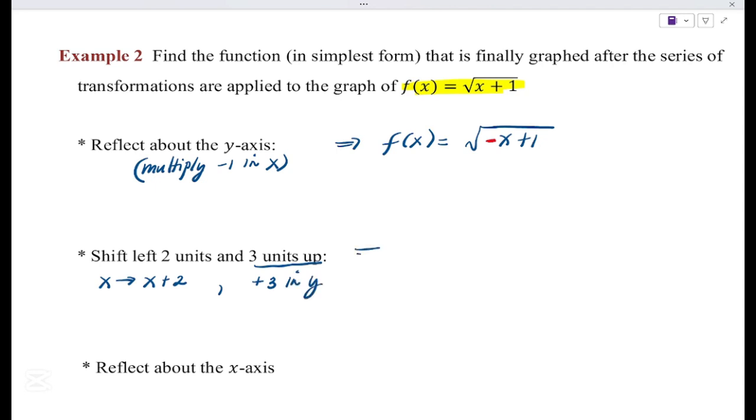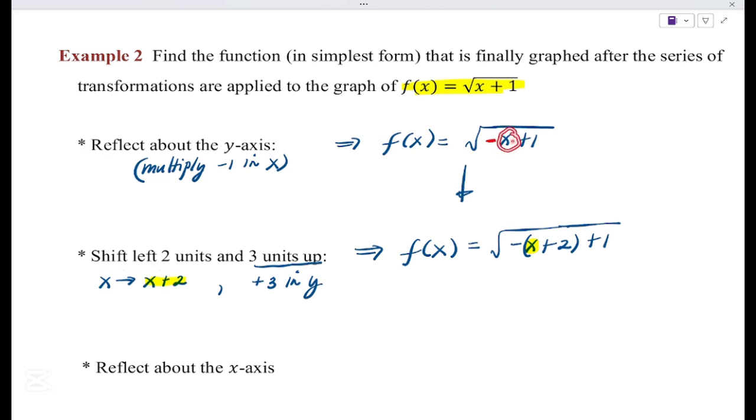So the effect on the function is f of x is equal to square root of negative, x plus 2, plus 1, plus 3.